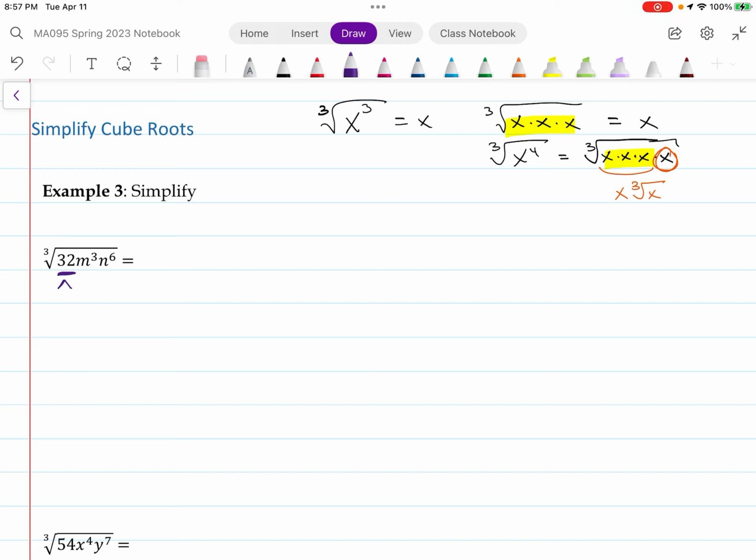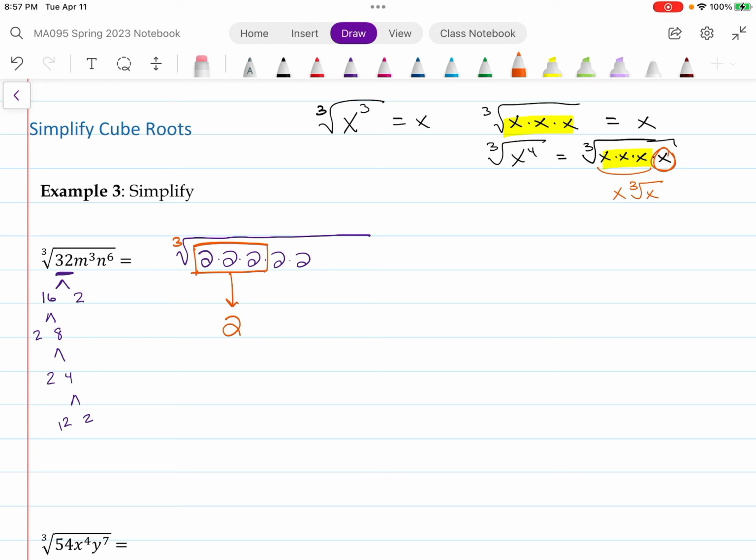So let's just break it down. I've got 16 times 2, and then 16 is 2 times 8, and then 8 is 2 times 4, and then 4 is 2 times 2. Oh, right, that's 2 to the 5th, isn't it? So we've got 2 times 2 times 2 times 2 times 2. That's 32. And look, I have a set of 3 of them right there. So when I cube root that, that is going to come out to be 2. And the rest is going to be the cube root of 2 times 2, which is 4. So that's where that goes right there.